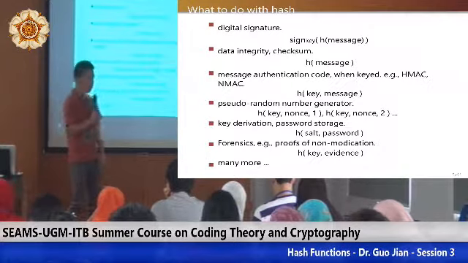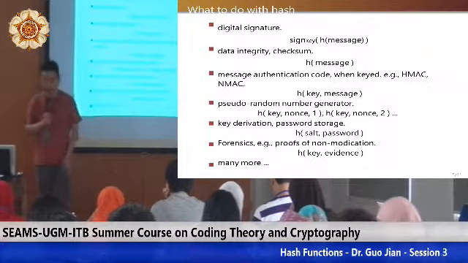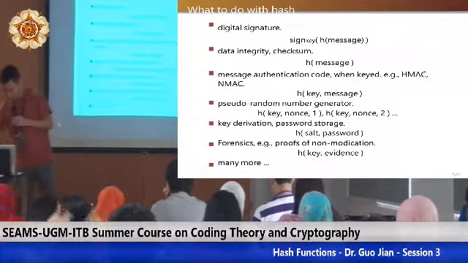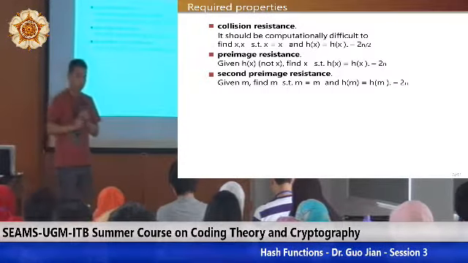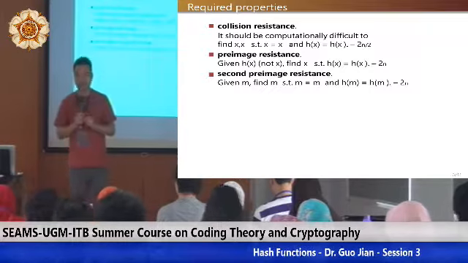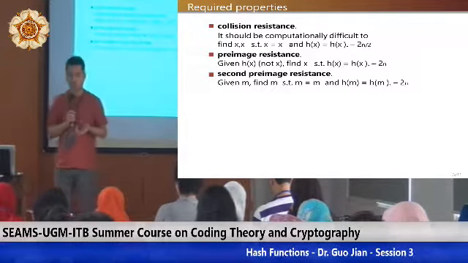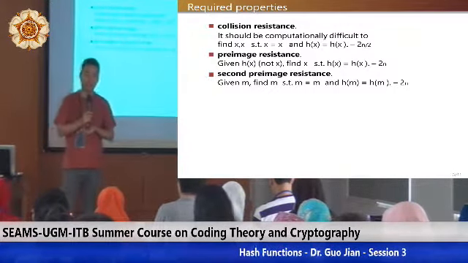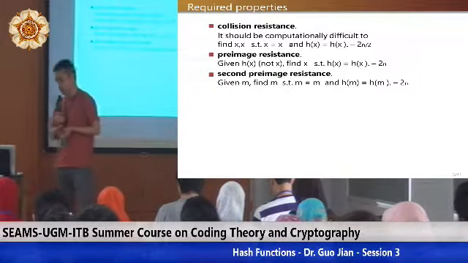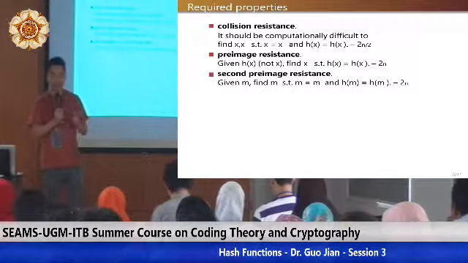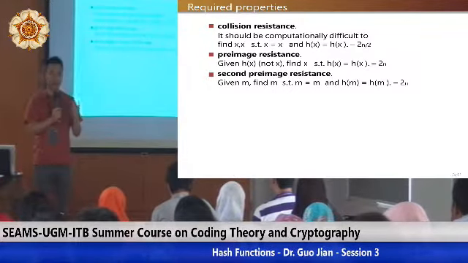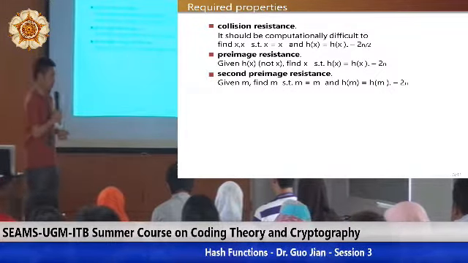So there are many uses of hash functions. To support all those applications, there are many security properties the hash function needs to fulfill. The basic three requirements are collision resistance, preimage resistance, and second preimage resistance.